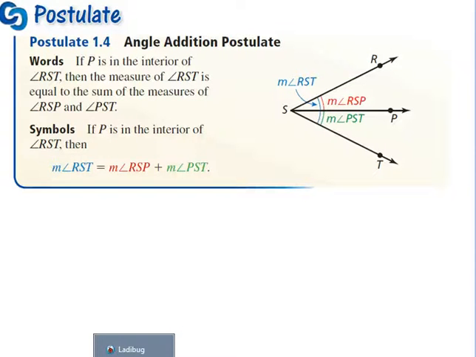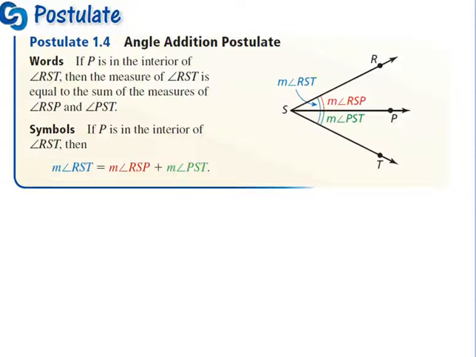All right, the next thing we have is what's called the angle addition postulate. It's very similar to the segment addition postulate, where I can take a segment, and if there's a point in that segment, I can split that segment into two different parts. So on an angle addition postulate, I can take an interior point P, and if I draw a ray from the vertex to P, that divides the angle into two different parts.